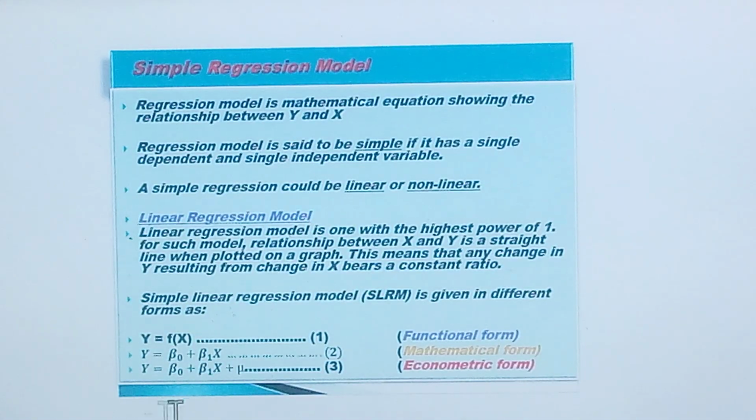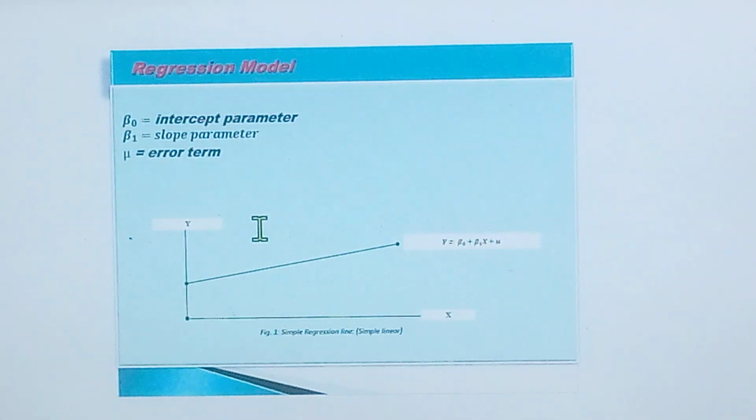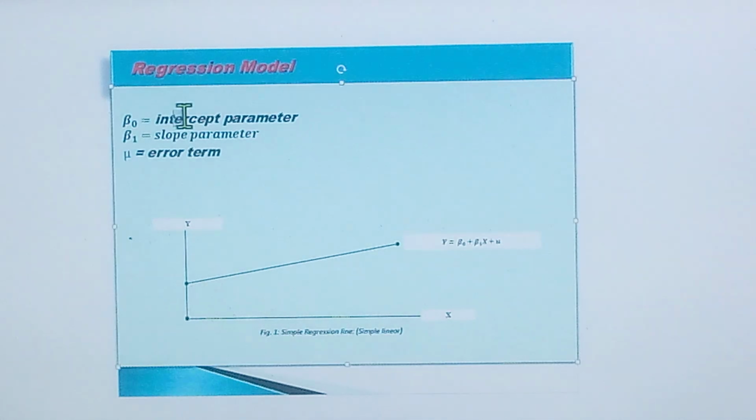All right, so in this model, we have the variables, which are y and x, that is the dependent and independent variable. Then we also have parameters. b0 and b1 are the parameters. You can see b0 is called the intercept parameter, b1 is the slope parameter, and of course mu is the error term. The intercept parameter is a constant term.